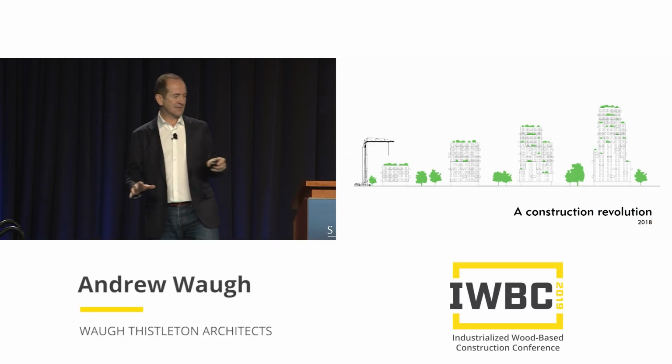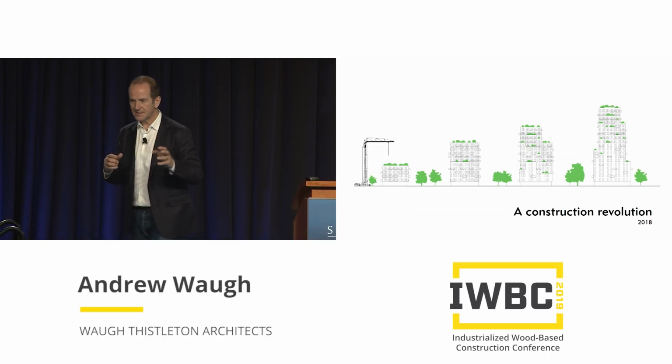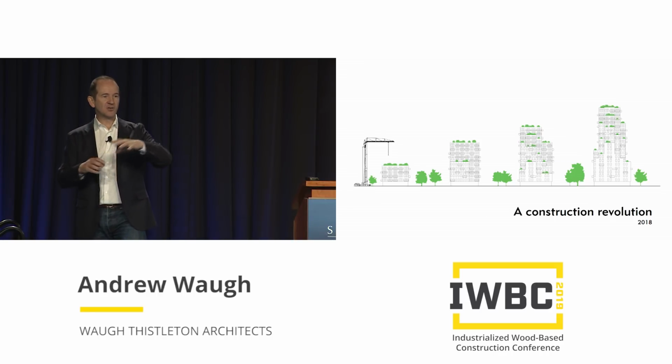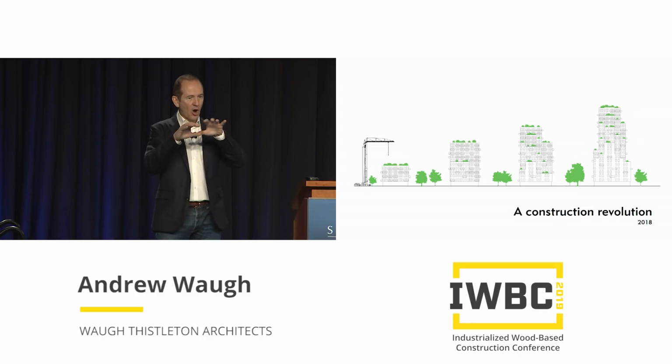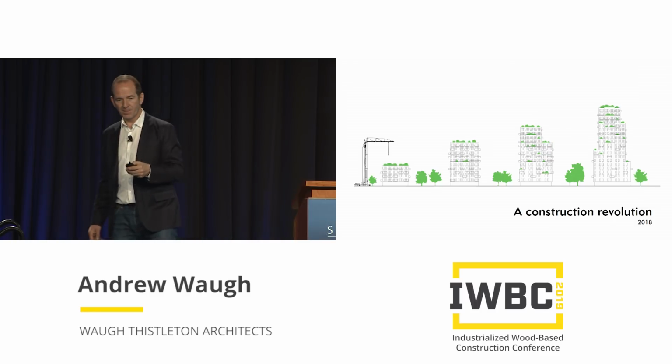So we don't see this as a choice in construction materials. We don't see this as, you know, an interesting idea. We see this as a whole-scale opportunity for a construction revolution, that actually this must be the way that we build, not a choice in terms of concrete and steel, not just a viable alternative, but the only alternative, and the one that we all need to start building in all the time.